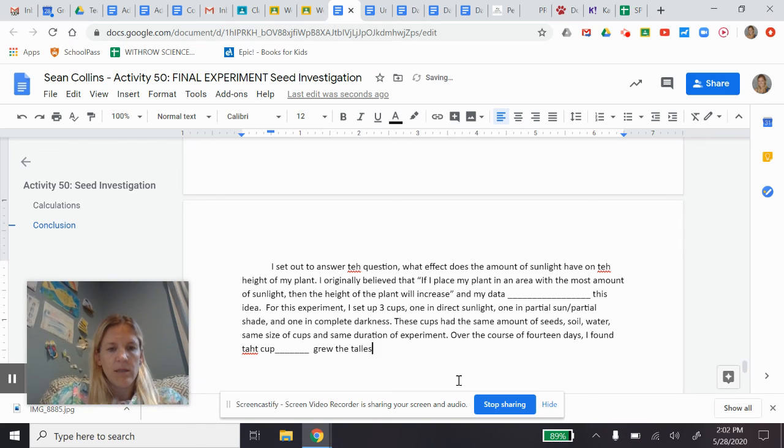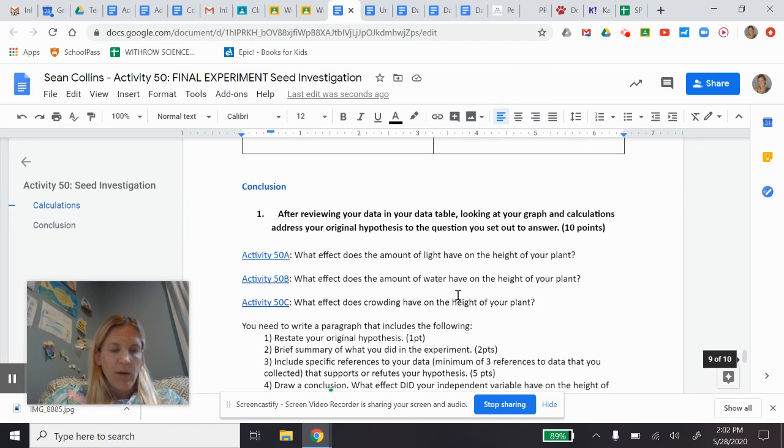Grew the tallest. Now I'm going to actually give examples. So I'm going to say, like, on day 14, cup C grew blah, blah, blah, while cup B grew blah, blah, blah, while cup A grew blah, blah, blah. That's referencing your actual data. You can then also include your calculations.